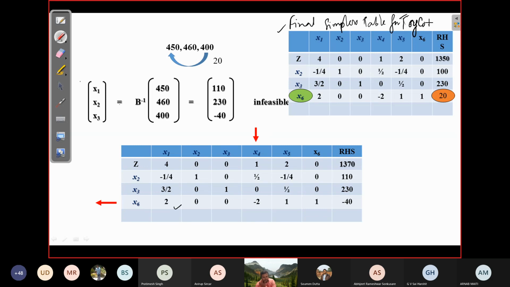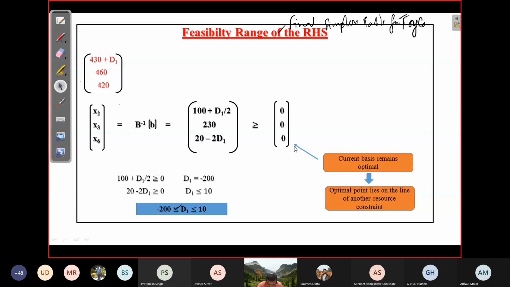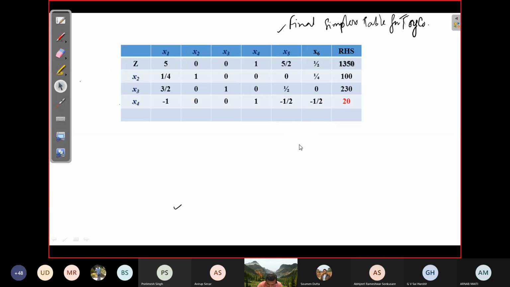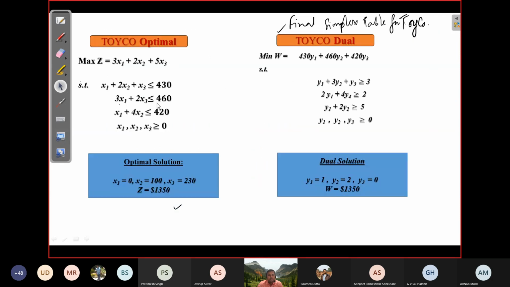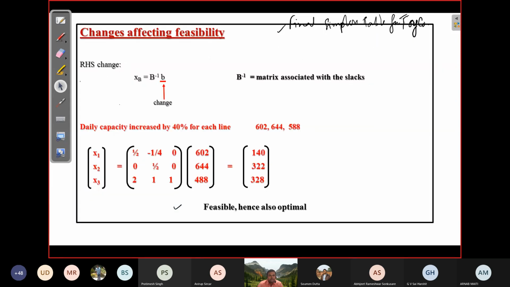Now, what I try to understand from here is, if this table is given and then I make certain changes in the right hand side, which is the availability. Say daily capacity increased by 40% for each line.